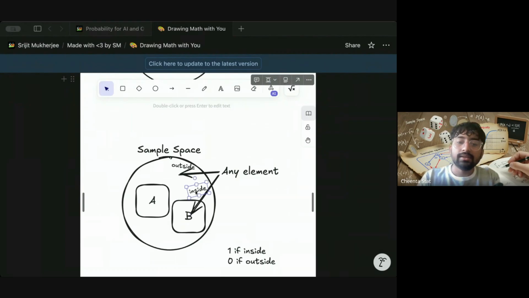So an element can be inside A, can be inside B, or can be outside, 0, let's say.